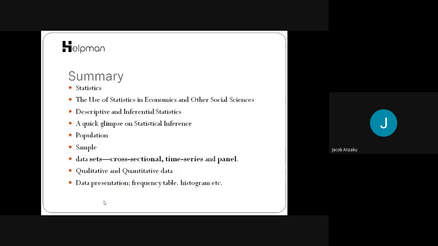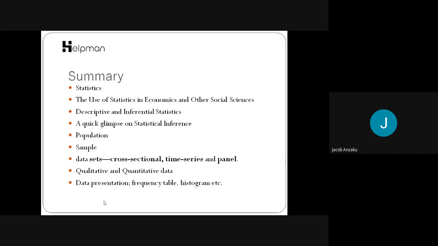Now, in summary, we talked about statistics, and we understood statistics to be not just a numerical value, but a methodology of collecting data, classifying data, organizing data, and analyzing data, and making inferential conclusions.